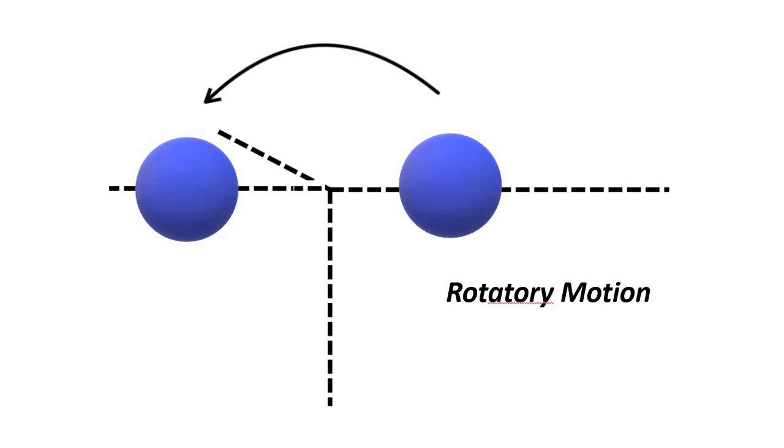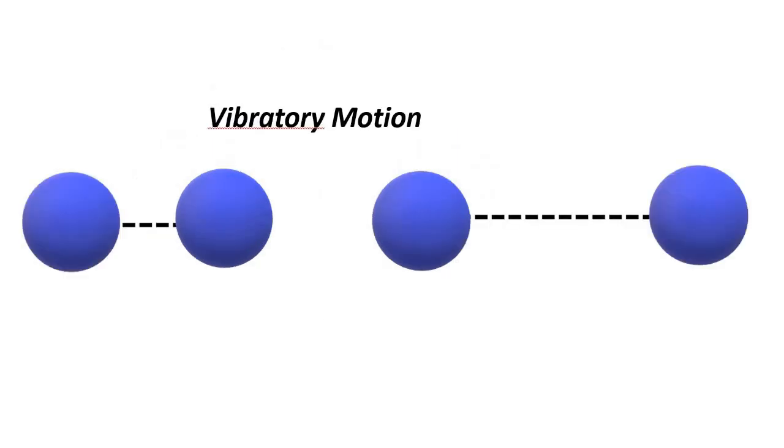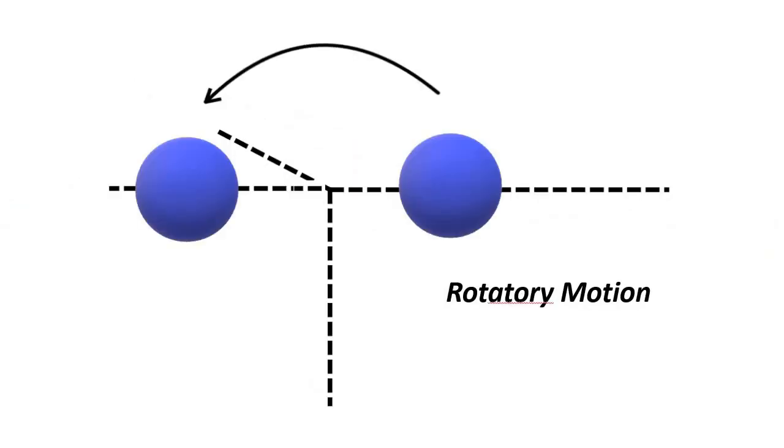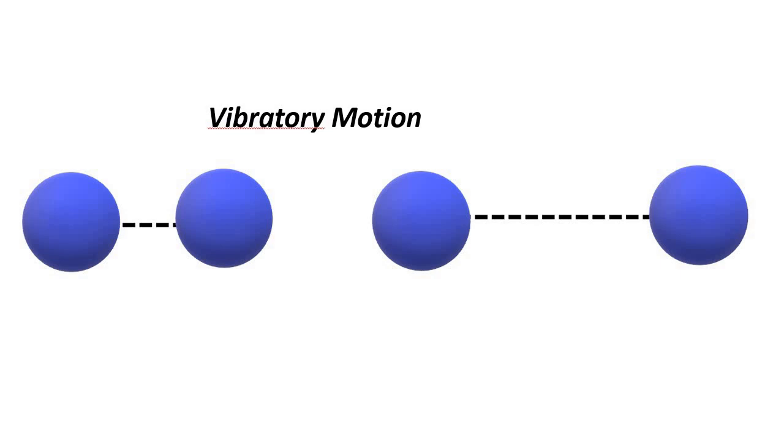And then we have vibrational motion, the to and fro motion of the molecules about a central or mean position between two extreme points. So we have translatory, rotatory and oscillatory or vibratory motion.